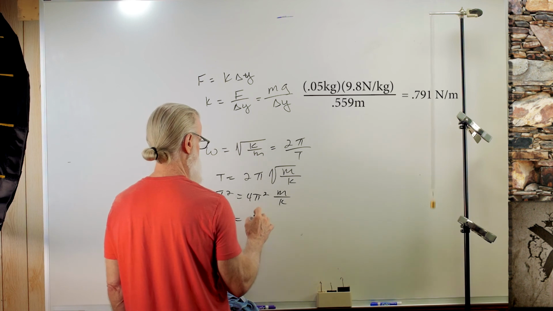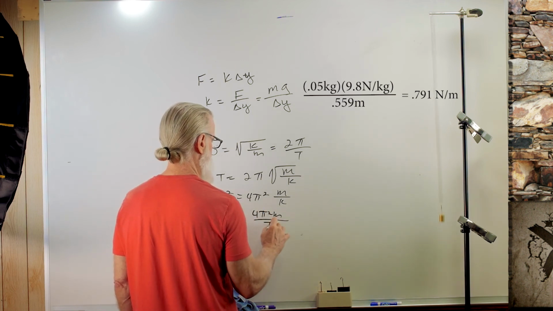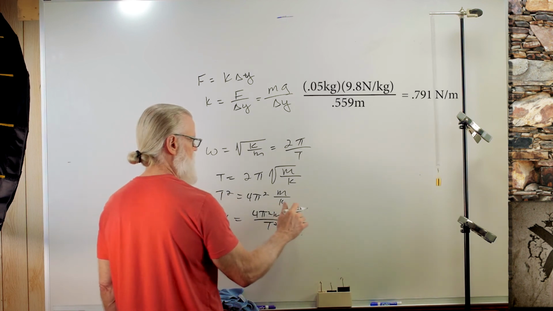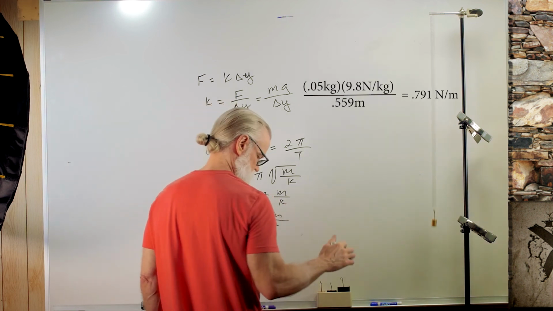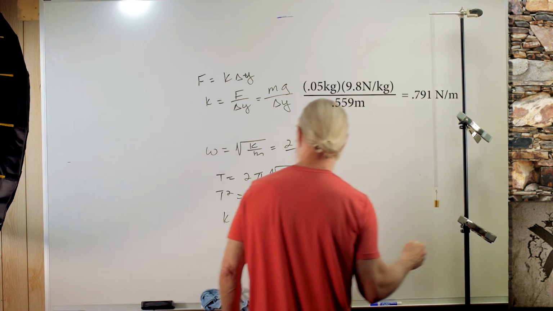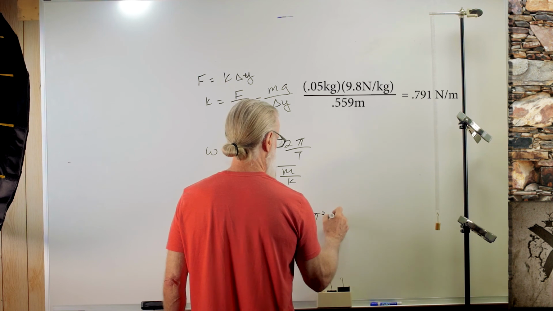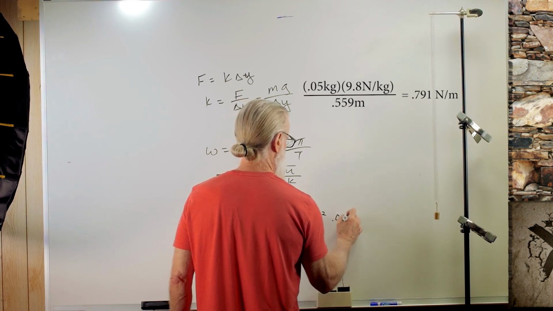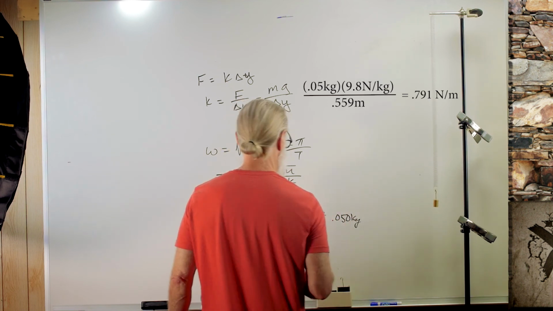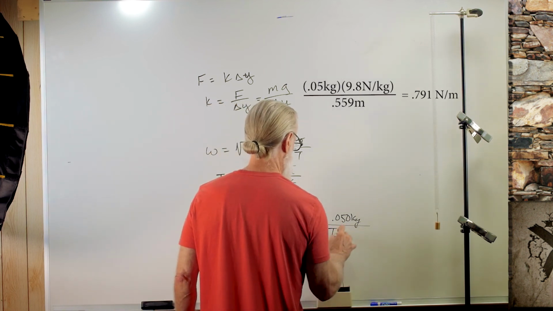K equals 4 pi squared m over T squared. So measure T squared. The mass was 50 grams. 4 pi squared times 0.05 kilograms divided by whatever T squared is.